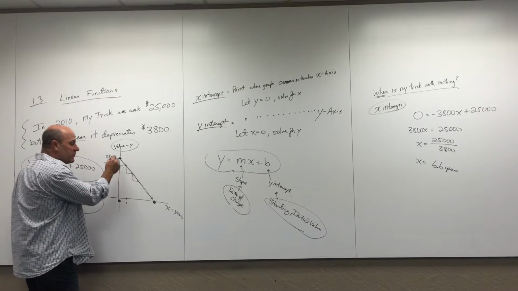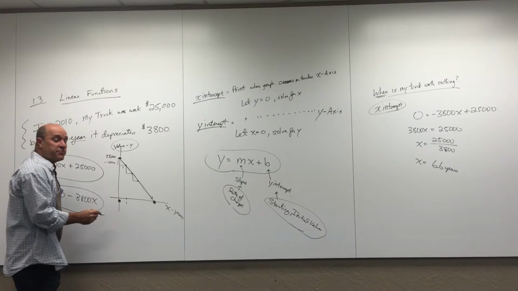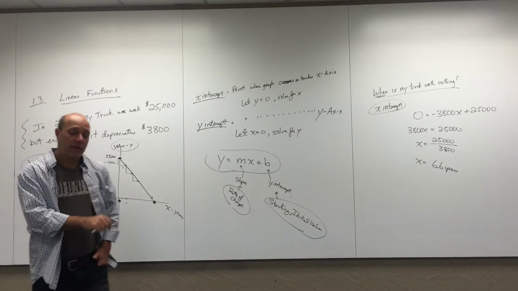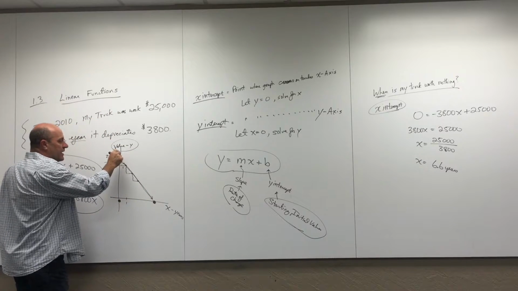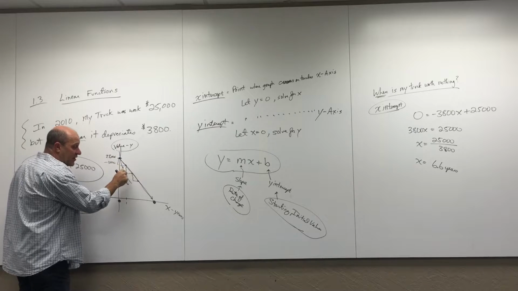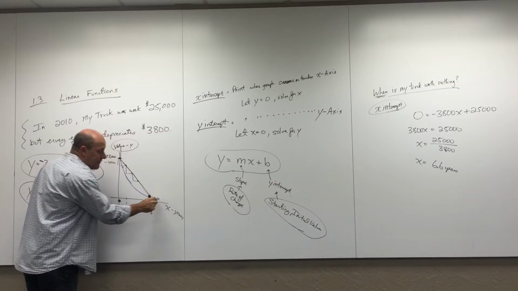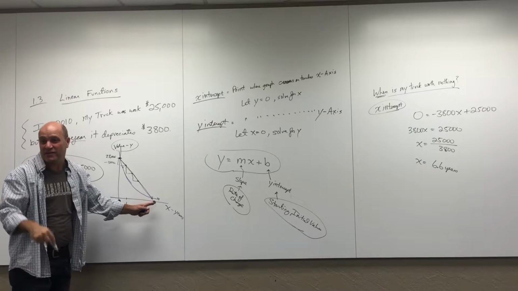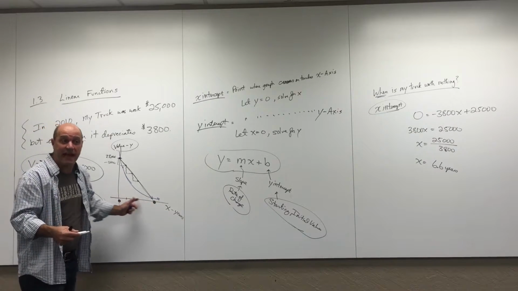They probably depreciate along a curve, as a preview of chapter 5. They depreciate a lot at first, but it's not the same amount every year. 6 or 7 years down the road, it's not 3,800 every year. It's depreciating less as time goes on.